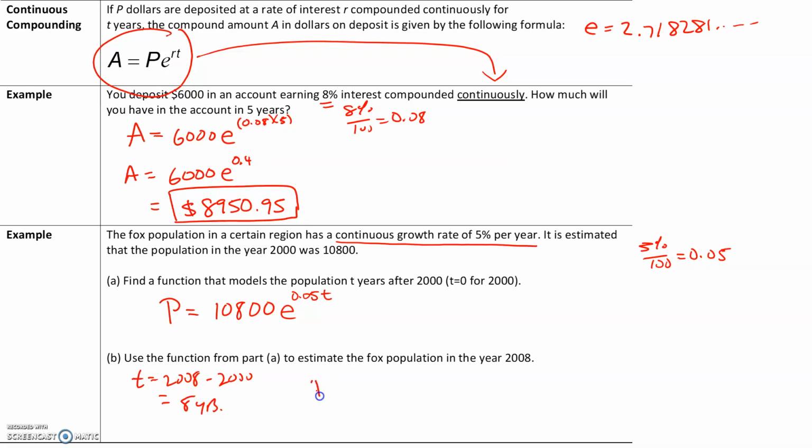So our population is going to be 10,800 times e raised to the power of 0.05 times t, which is 8. Okay, so we have 10,800 times e raised to the power of 0.05 times 8, and that once again gives you 0.4.